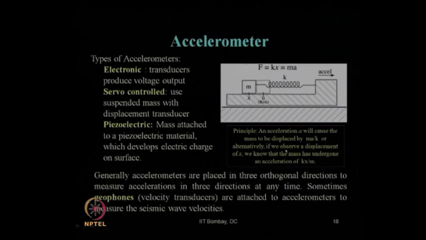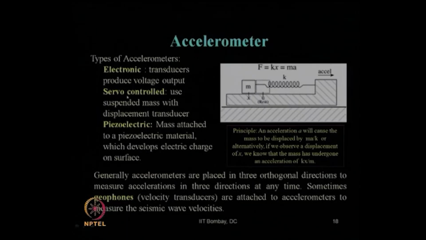alternatively we can observe a displacement. Suppose we measure a displacement x. How to convert it to acceleration? Then we know the mass which has undergone the acceleration. So, acceleration in that case will be k x by m. In this case, you should know the spring constant, which of course is known, you are using it here.